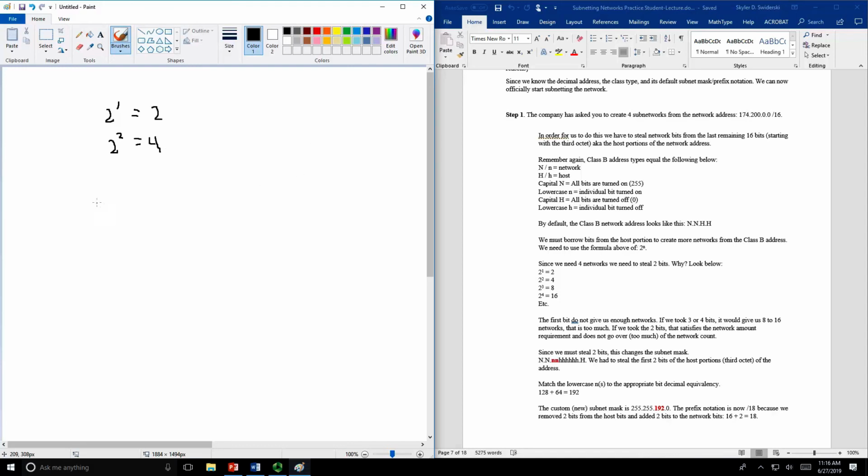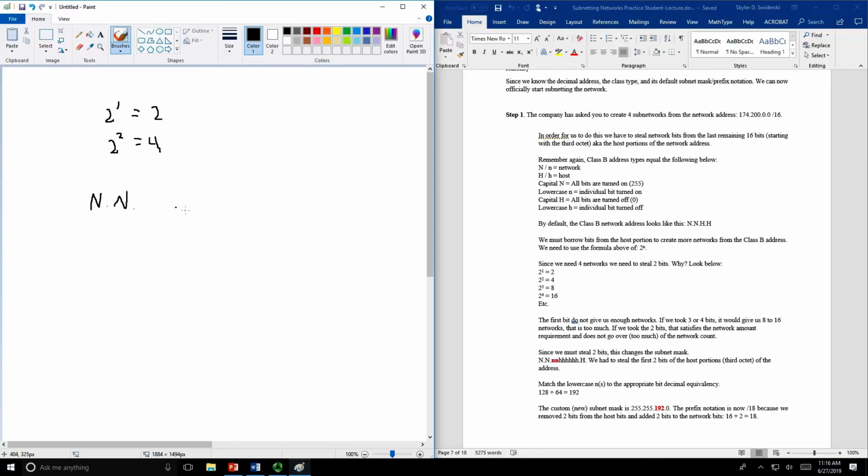Because we're taking 2 bits, we're leaving the first 2 octets the same because we're not stealing from those 2 octets. We're going to have to steal from the last 2 octets. Remember the 16, but we have to do it in order. In order for us to get to the 4th octet, we would have to steal 8 bits, but we're not going to have to steal 8 bits. So we're only going to be borrowing the host bits from the 3rd octet.